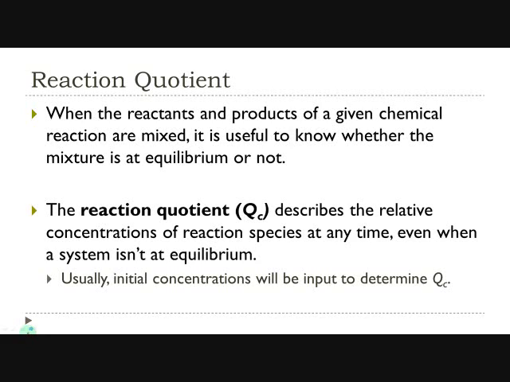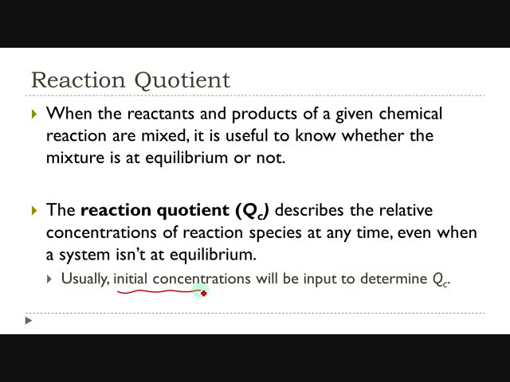We have something called a reaction quotient, where sometimes we don't know if it's at equilibrium or not. So we will find the reaction quotient to plug in information, and usually we use initial conditions for the reaction quotient.